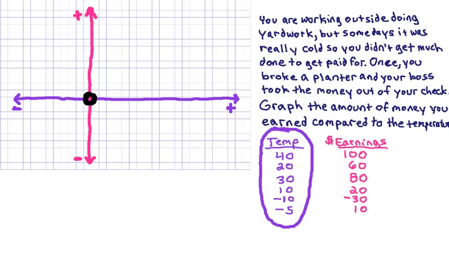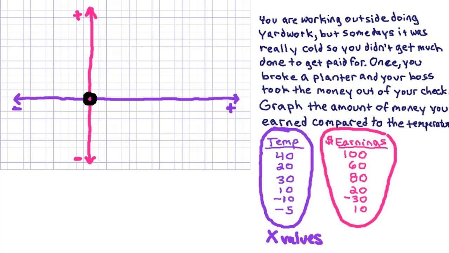So we're just going to kind of randomly choose the temperature as the x values. So those are going to be plotted on the x-axis, the one going side to side. And then the amount you get in earnings is going to be plotted on the y-axis, going up and down. So these are going to be your y values.